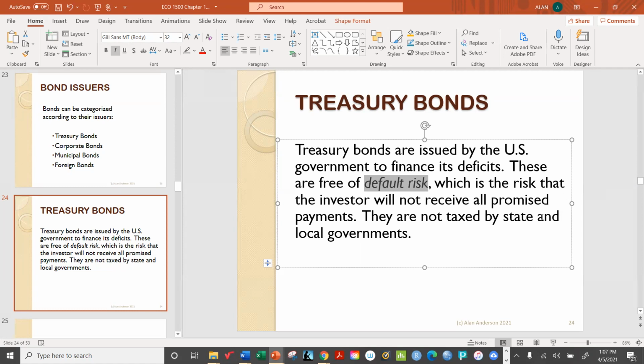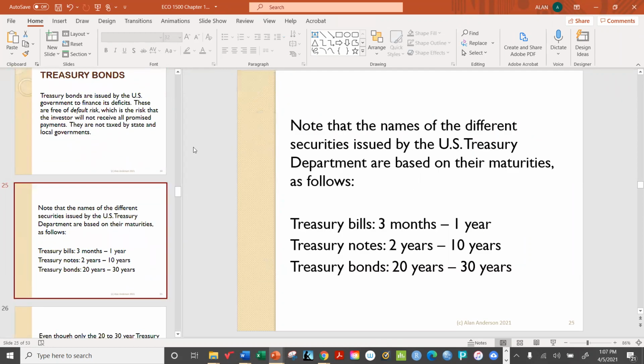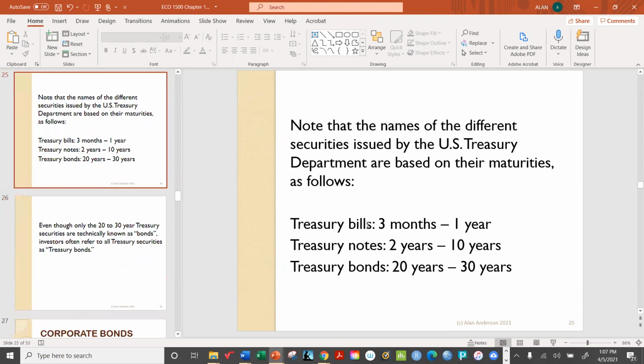And there's favorable tax treatments as well. City, state, and local governments cannot tax the interest on U.S. Treasuries. Now, here's an interesting twist. All Treasury securities fall into one of three categories. Their names depend on the maturity date. So we have what are called Treasury bills, which last anywhere from 3 months to a year.